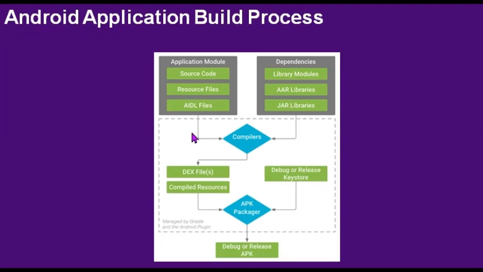Dex files, along with all the compiled resources, are then fetched by the Dalvik virtual machine. As the Dex files are the readable files for the Android application, after the code is compiled, the respective Dex files and the compiled resources are fetched and then compressed.